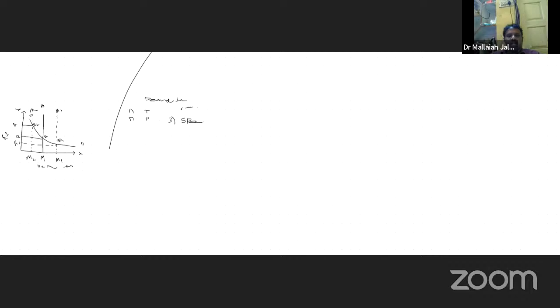And if the supply of money comes from OM to OM2, what will happen? Let's see. It came like this.